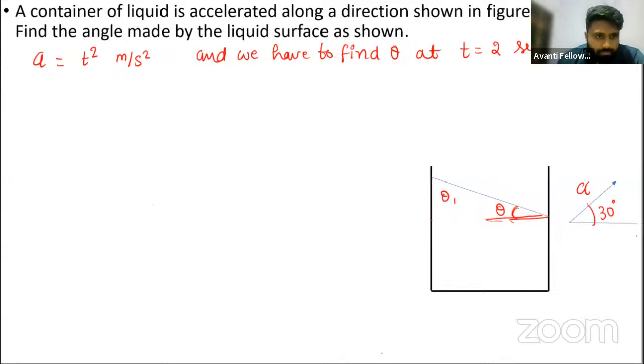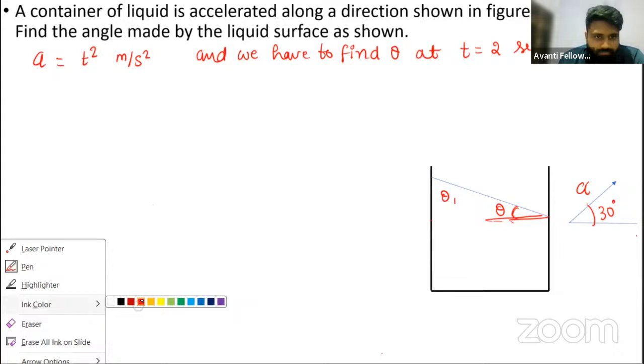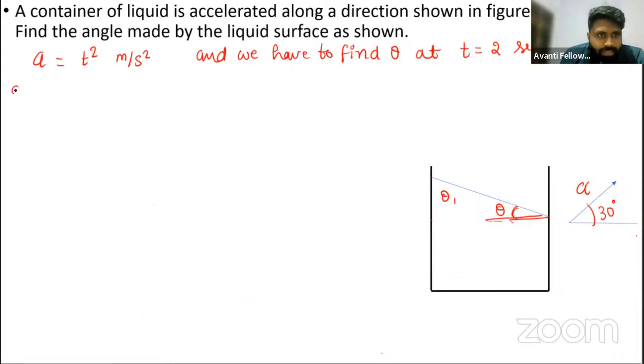So let's just start solving this. So at t is equals to 2 seconds, the value of acceleration will become 2 square, which is 4 meter per second square.